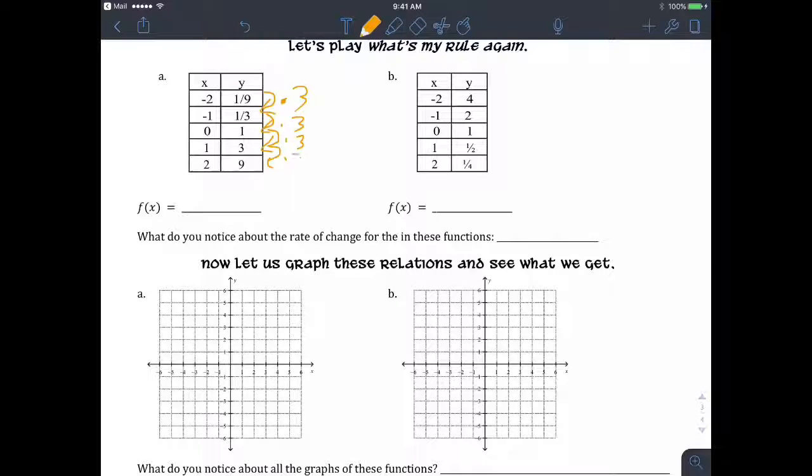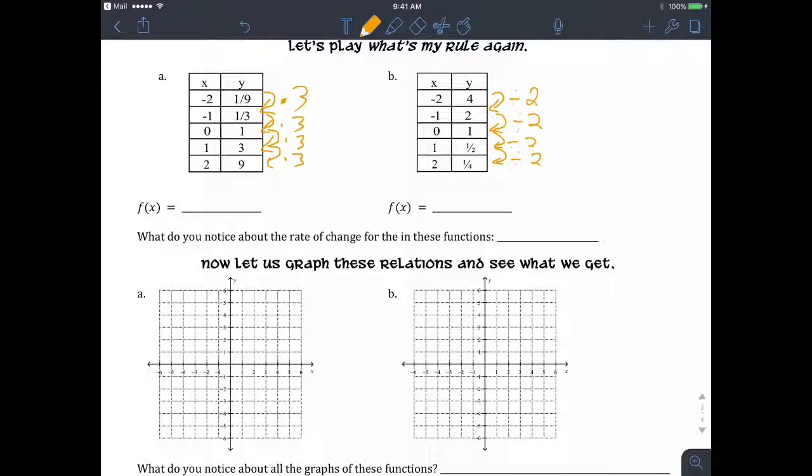On the other side, we are dividing by 2 each time. So 4 divided by 2 is 2, 2 divided by 2 is 1, 1 divided by 2 is 1/2, and then 1/2 divided by 2 is 1/4.